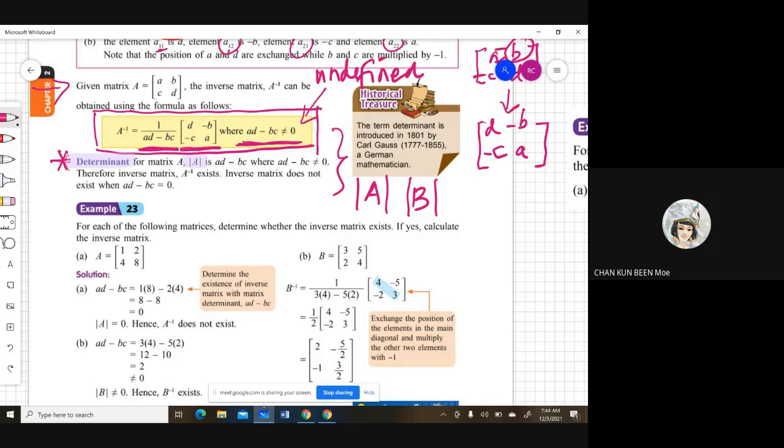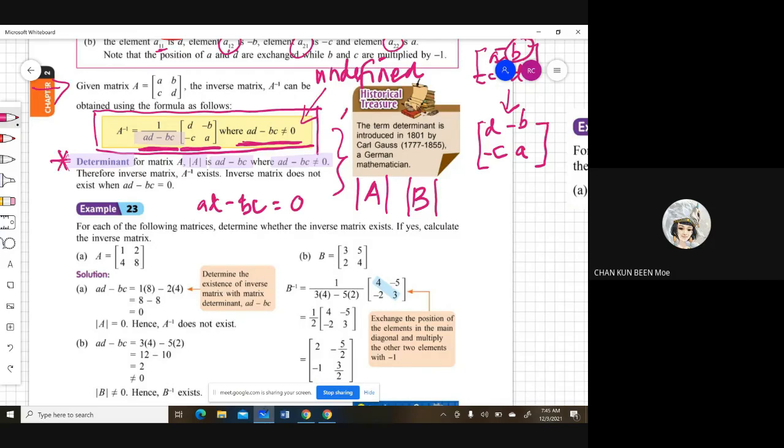Okay, so we continue here. Determinant for matrix A is AD minus BC. So this is the determinant, where AD minus BC cannot be 0. It's not equal to 0. Therefore, inverse matrix A exists. If it is not 0, meaning that there is an inverse matrix of A. If your AD minus BC is equal to 0, then the inverse matrix of A doesn't exist.